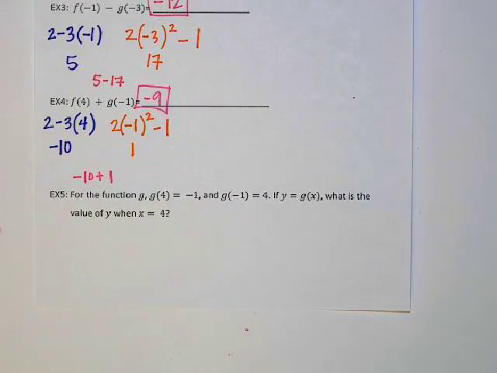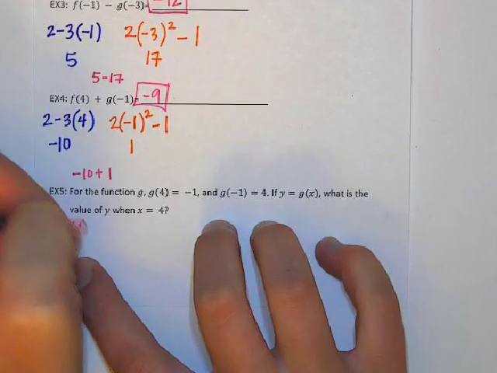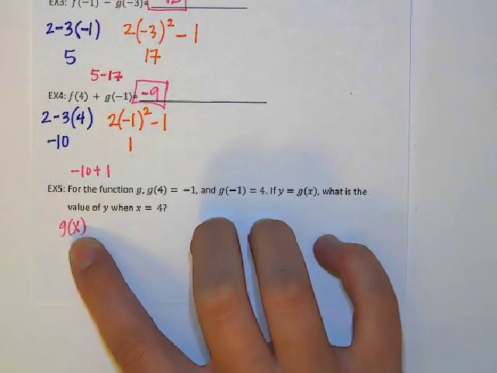Okay, for the function g, g of 4 equals -1, and g of -1 equals 4. If y equals g of x, what is the value of y when x is 4? Okay, so right here we're talking about g of x.